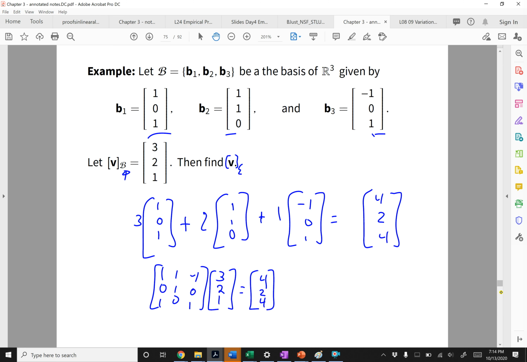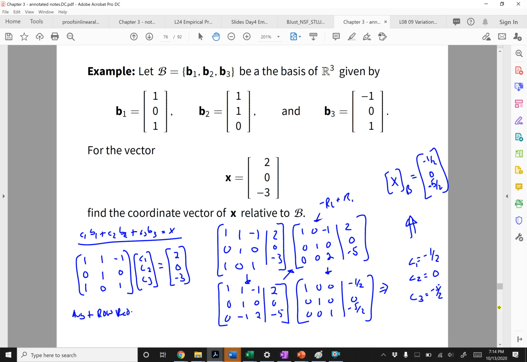So you can think about matrix multiplication, if you have a square matrix that's invertible, as a way to change bases, a way to change coordinates, or finding new coordinates in a different basis system. So that'll come to be important, much more important later.